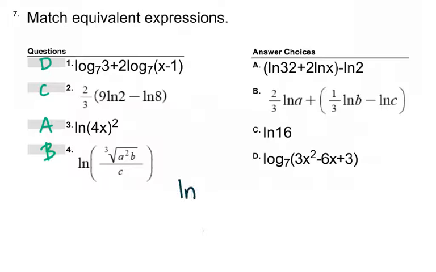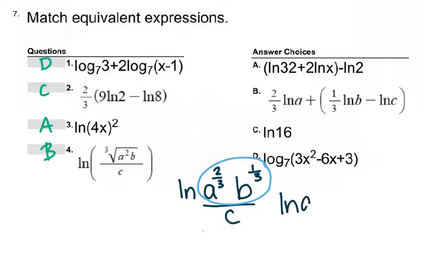Okay, so I'm going to do this. So the cube root of a squared is the same thing as to the 2/3 power. We talked about that. The cube root of b is the same thing as the 1/3 power. So this is what we're looking at. Because these two are being multiplied, I can break those up by addition.